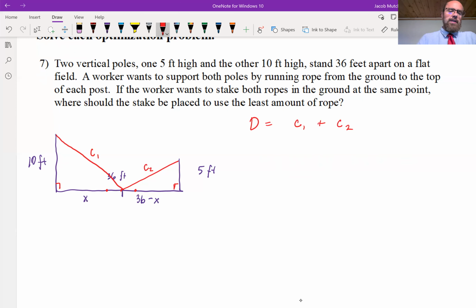So if I was to set up an equation for this left triangle, it would be something like 10 squared plus x squared equals C1 squared. And again, I don't want C1 squared, I want the square root of that. And so we'll see for our C1 that equals the square root of 100 plus x squared. We can go ahead and place that.